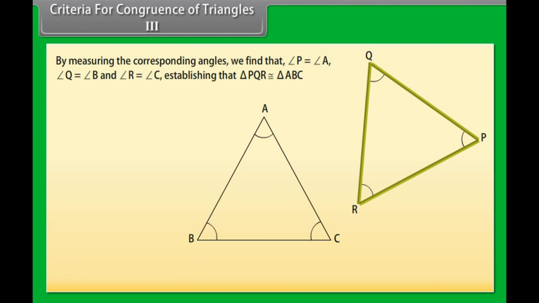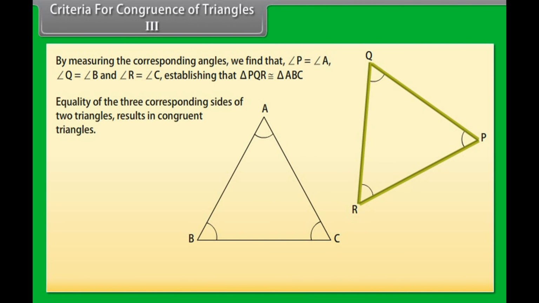By measuring the corresponding angles, we find that angle P is equal to angle A, angle Q is equal to angle B, angle R is equal to angle C, establishing that triangle PQR is congruent to triangle ABC. This means that equality of the 3 corresponding sides of 2 triangles results in congruent triangles.